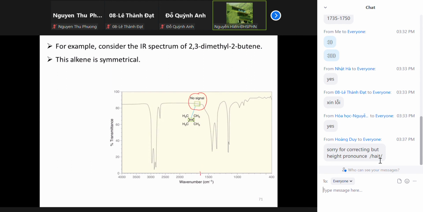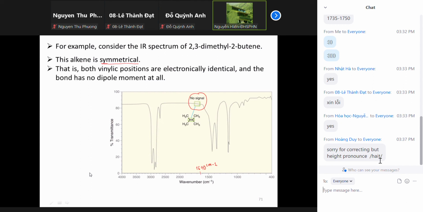This is the range for the absorption wave number of the CC double bond. But you see here nearly nothing because of the small dipole moment of this structure. This alkene is almost symmetrical, so it will possess a very small dipole moment.